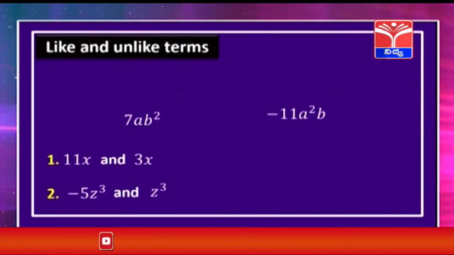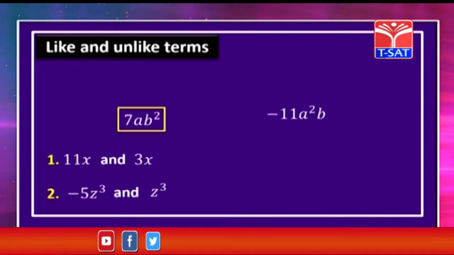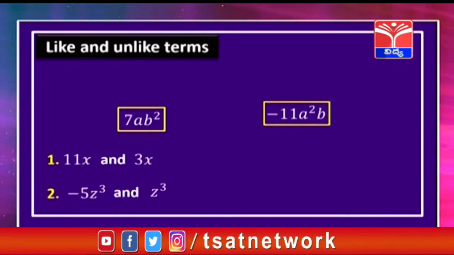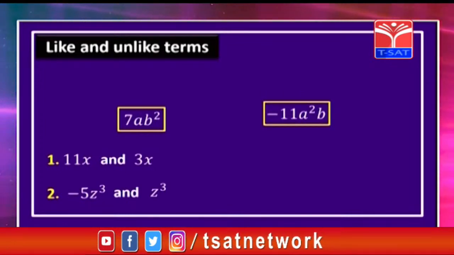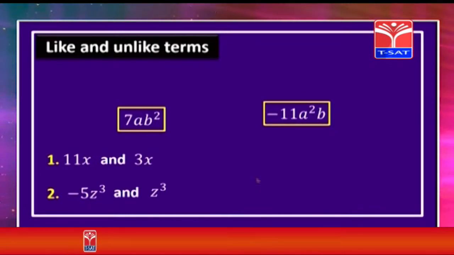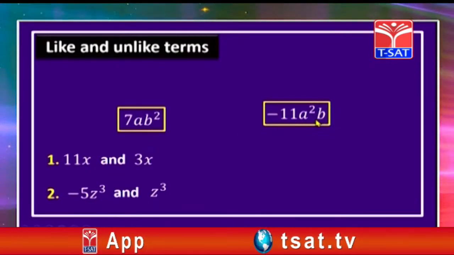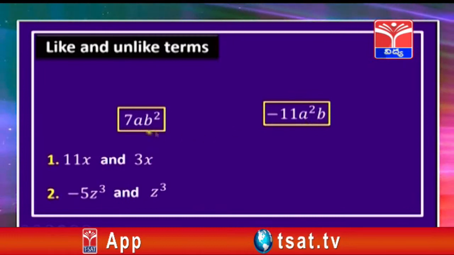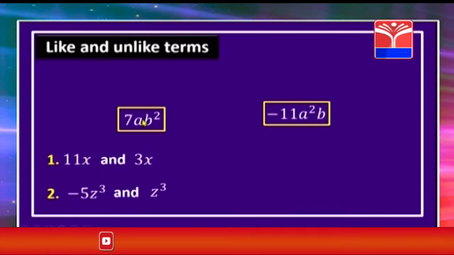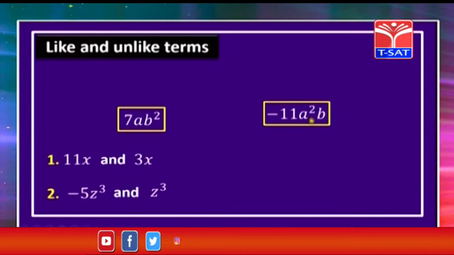Now we are left with two more quantities, that is 7ab square and minus 11a square b. Now in these two we have the same variables a and b, but if you see their exponents, they are different. Here a's power is 1, but here in this case the power is 2.